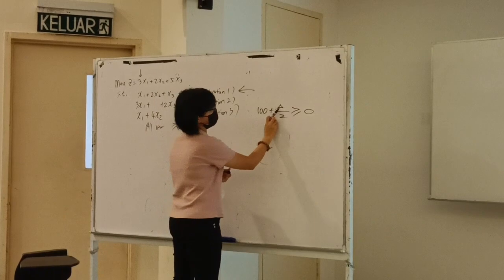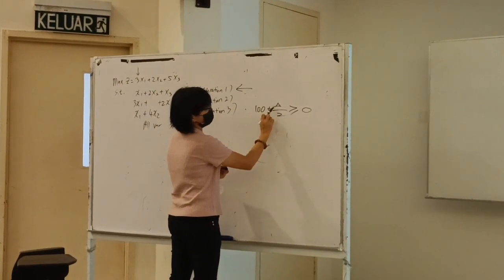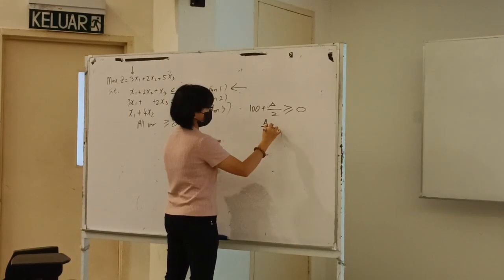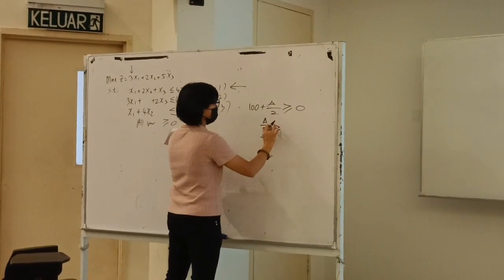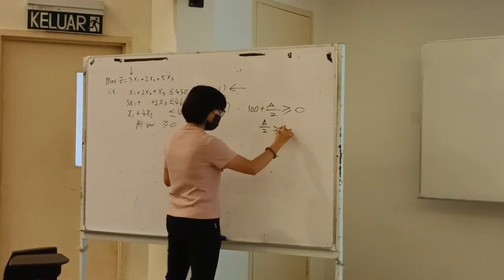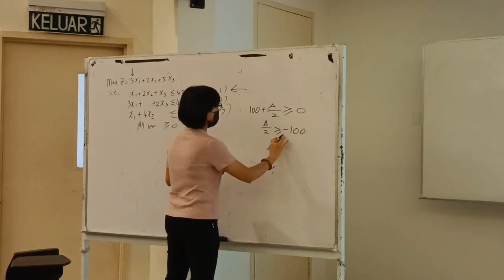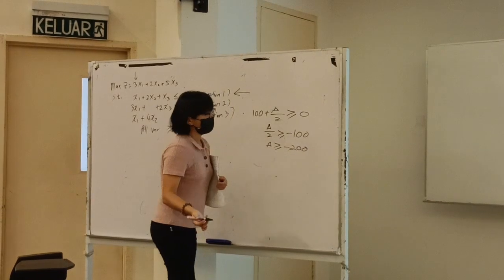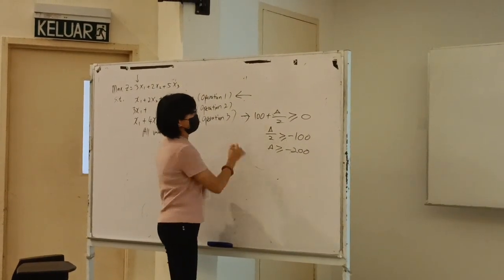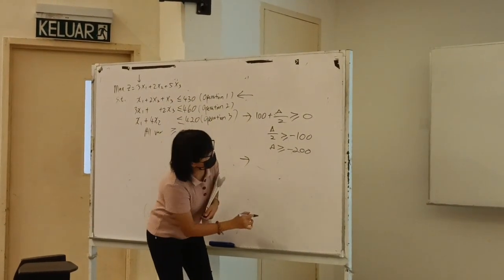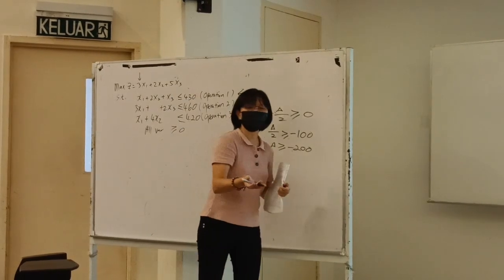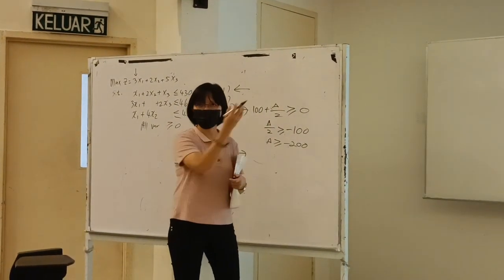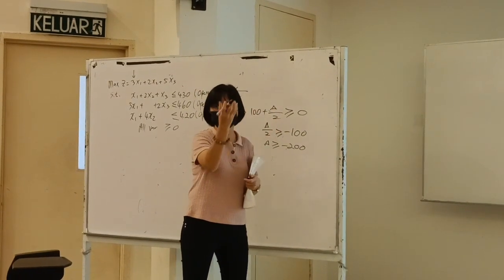Then we want to find the value for this triangle. So triangle over 2 is greater than or equal to negative 100, then this one will equal negative 200. This is the first one. For the second one, we have 230 greater than or equal to 0. That one doesn't involve any triangle, so we call it independent of the triangle.